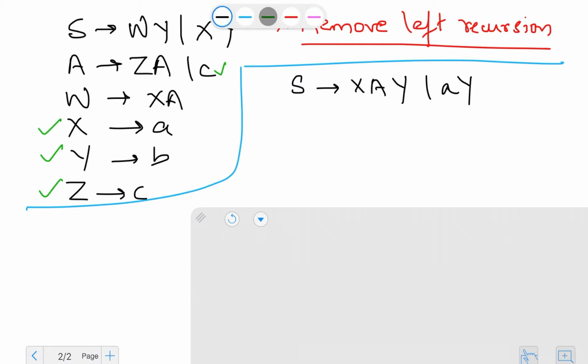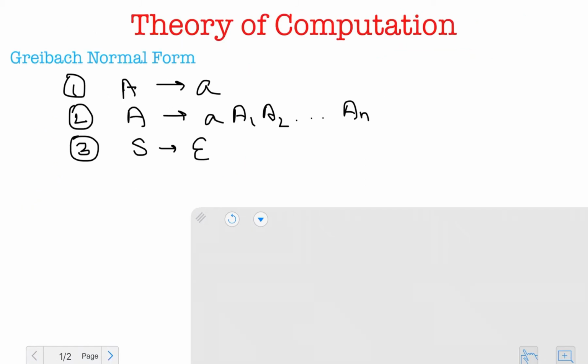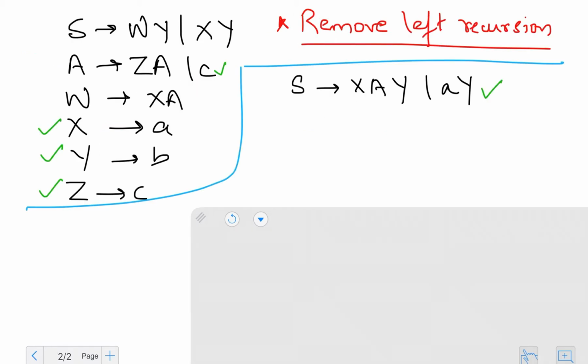And as you can see immediately, this rule is now okay because if you remember, this is what we are aiming for. So we want a terminal followed by any number of non-terminals. So AY is fine, it corresponds to the second rule that I had.